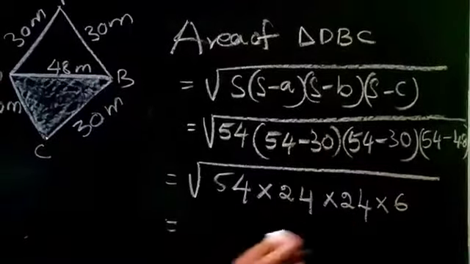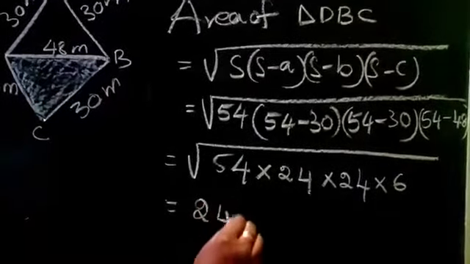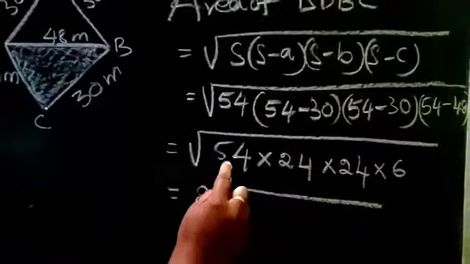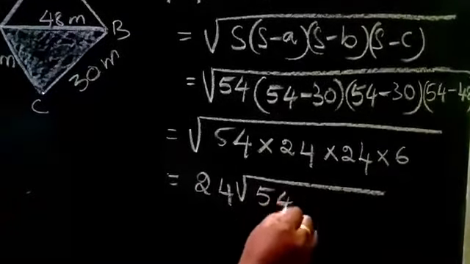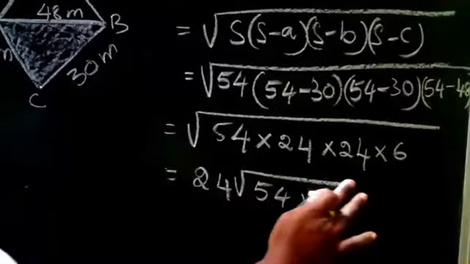Here two times we have 24, so one time we can take out, and the remaining is 54 into 6.